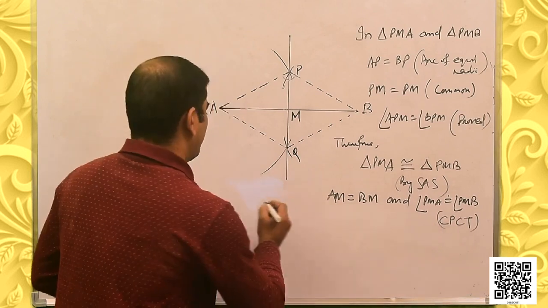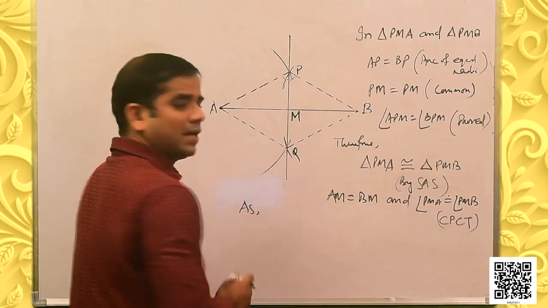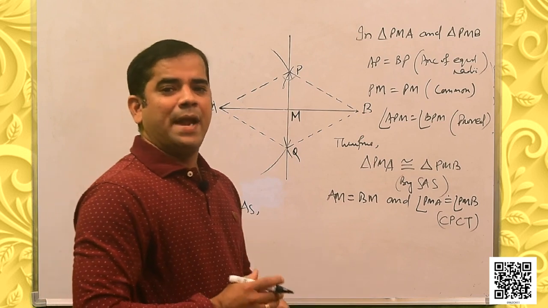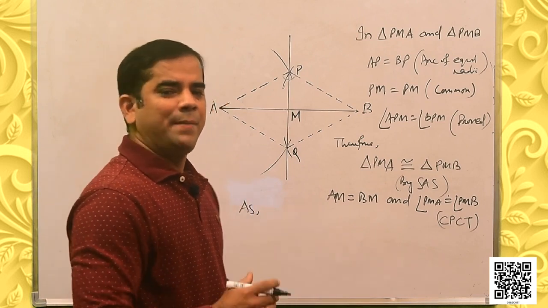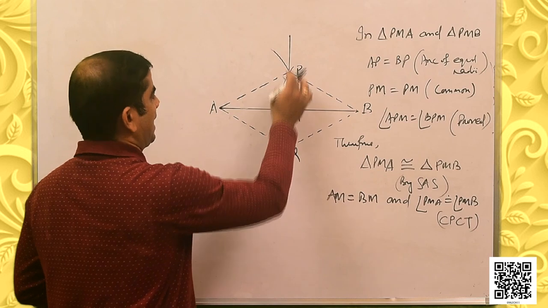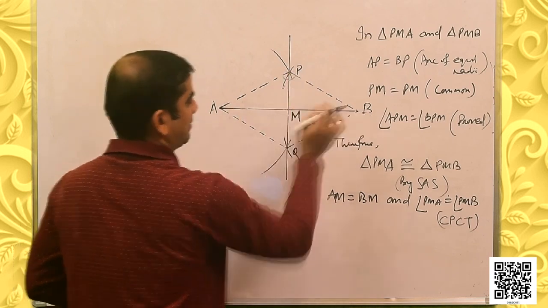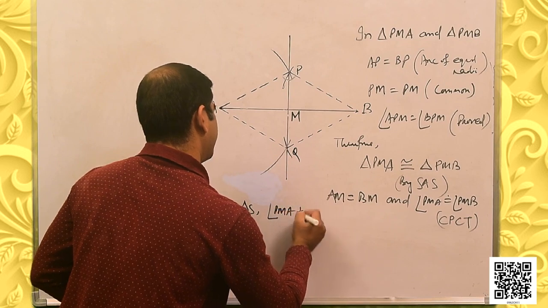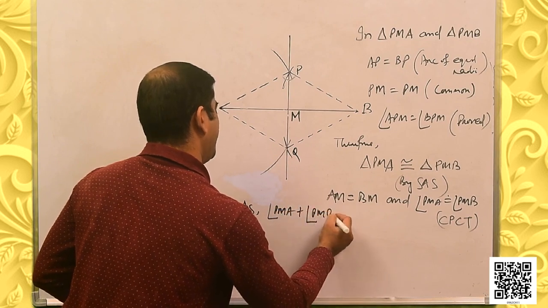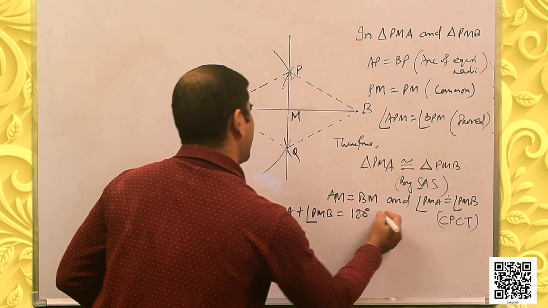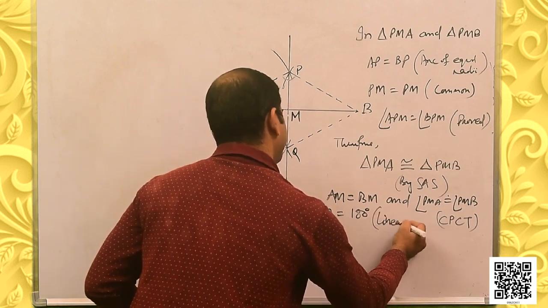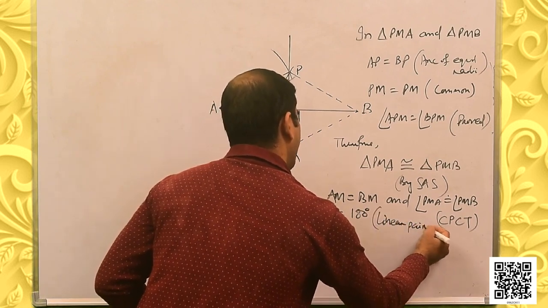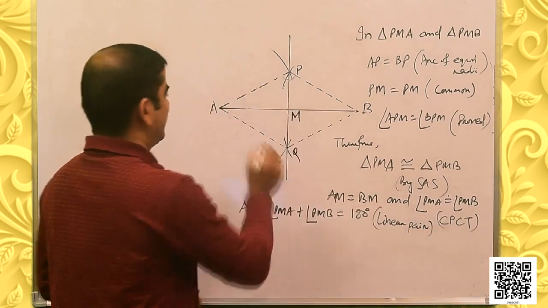Okay. Now, angle PMA plus angle PMB is equal to 180 degrees. Why? They are a linear pair, a pair of angles on a straight angle.